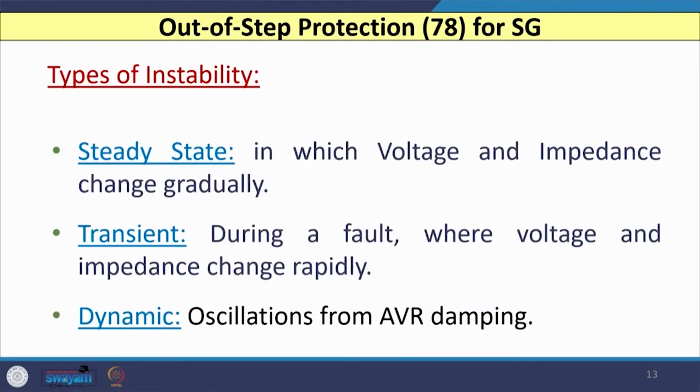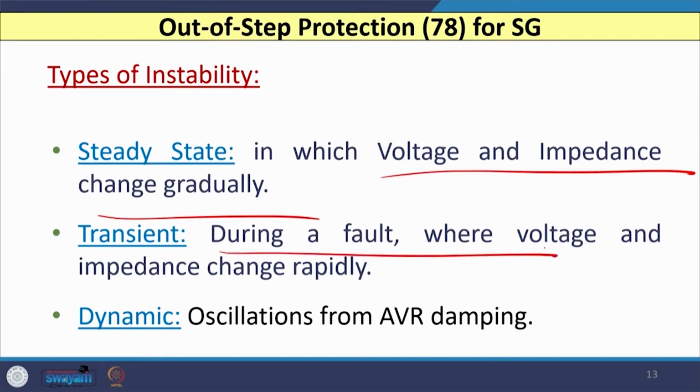In this case, three types of instability are very important. One is the steady state instability, in which voltage and impedance change gradually. In case of transient instability, normally during a fault, voltage and impedance change rapidly. Dynamic instability is also there, where we observe oscillations from automatic voltage regulator damping.